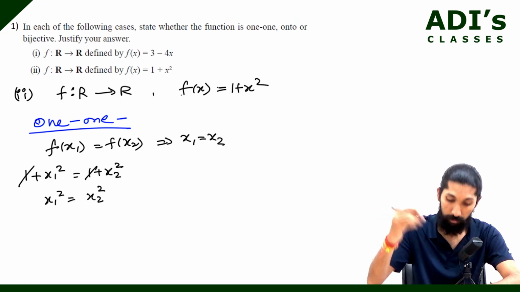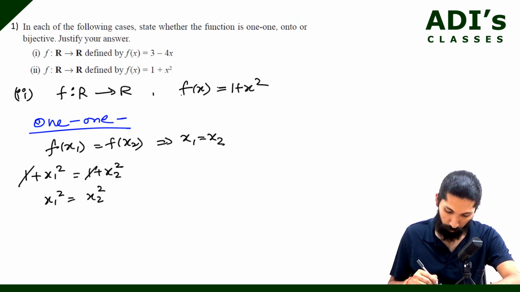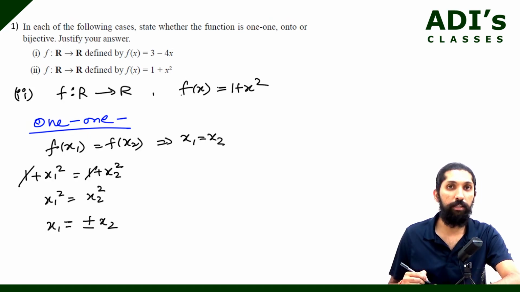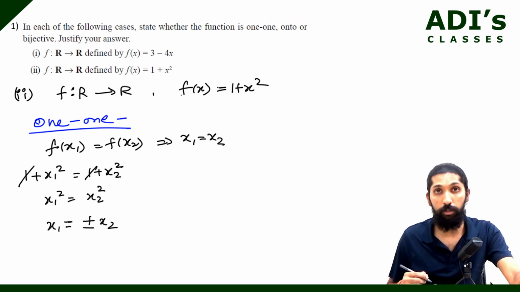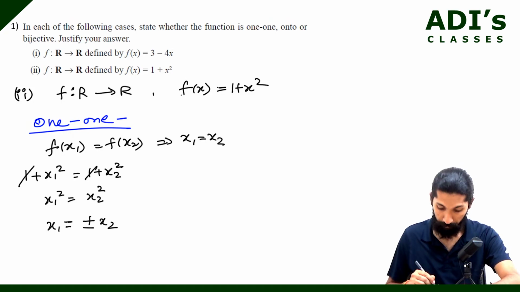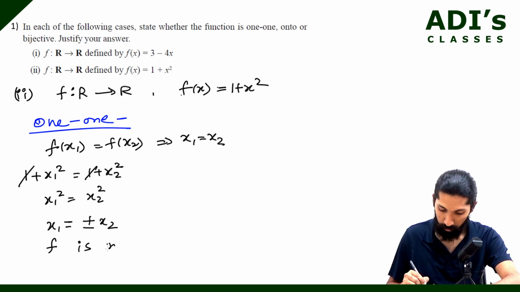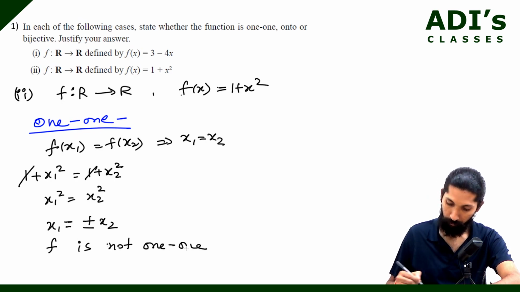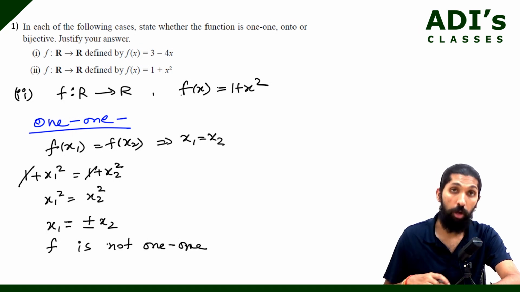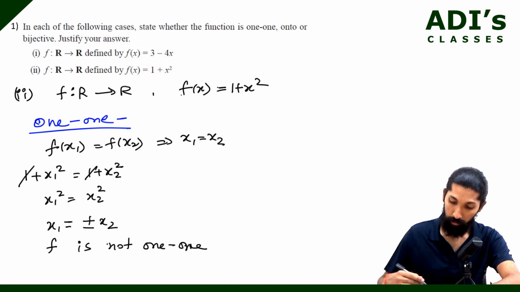So x1 is equal to plus or minus x2. Can you say that it is one-to-one? Absolutely not, because we have two values. So f is not one-to-one. Clear? Now let's do the next one, that is the onto part.